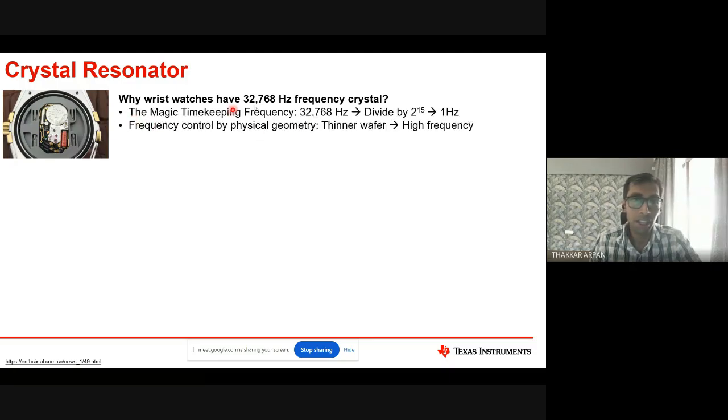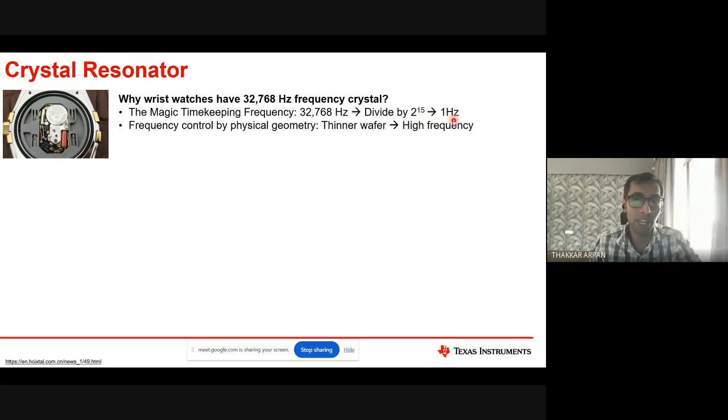So if you make the crystal frequency 32.768 kilohertz, and divide by 2 raised to 15, what will it give you? 1 hertz. 1 hertz is nothing but your 1 second.